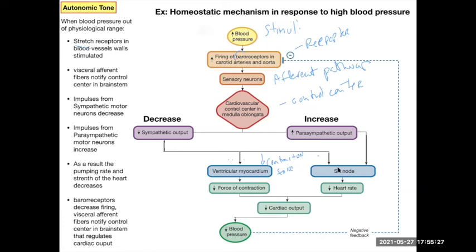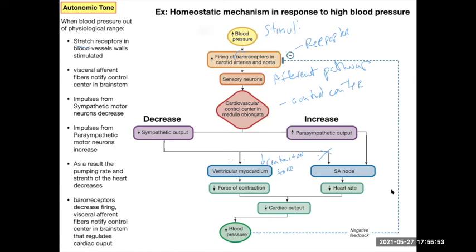You can increase it with the sympathetic, but right now we're decreasing this. So your heart rate goes back to normal and even less than normal because your parasympathetic output is increased. The overall effect is that the amount of blood being forced out of your heart is less, which decreases your blood pressure.